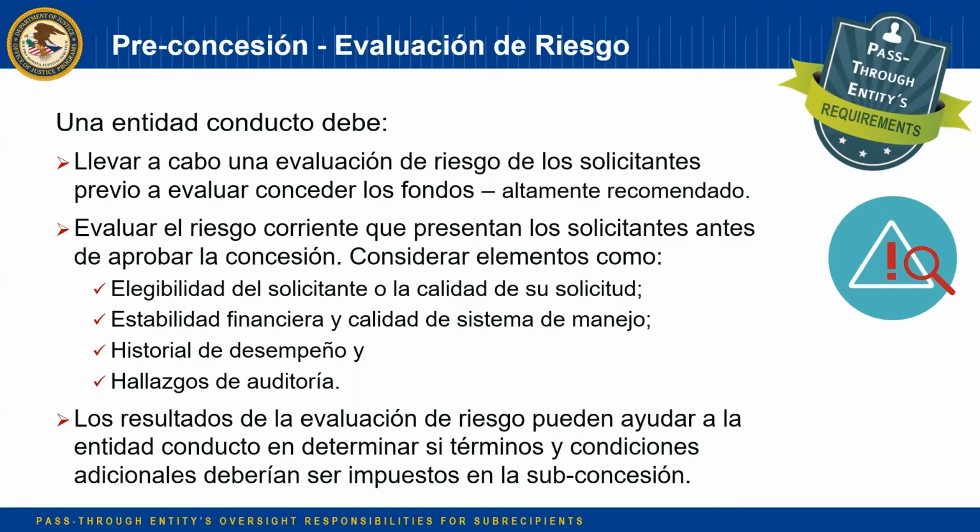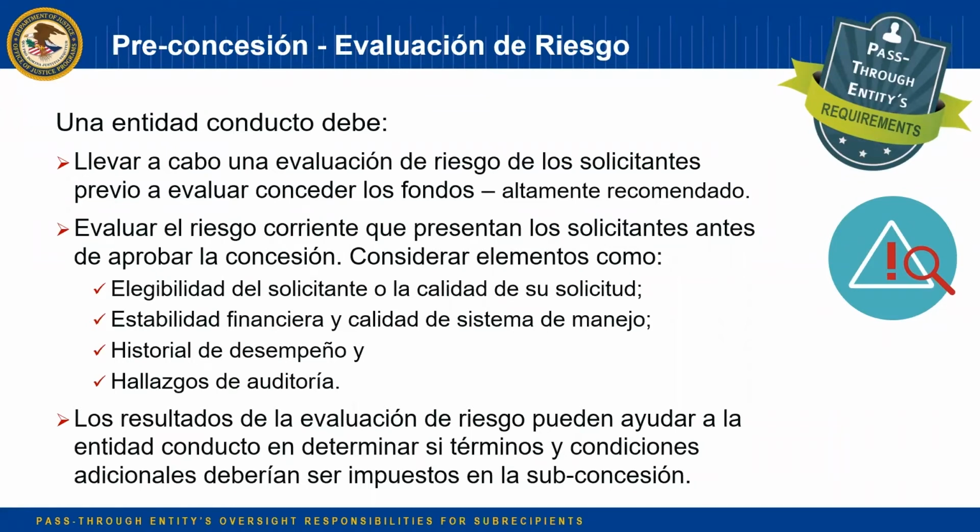There are various things that you can do. You can check any history with them, their audit reports and things like that. It's not a requirement, but I think the benefit that you'll receive by doing a pre-award risk assessment up front is that you'll be able to find whether or not there are any issues with this particular applicant or proposed subrecipient.